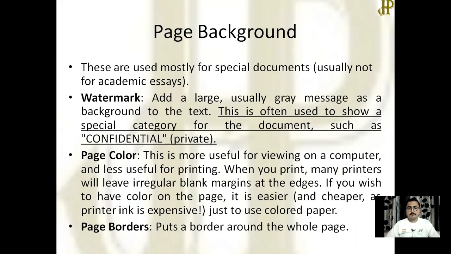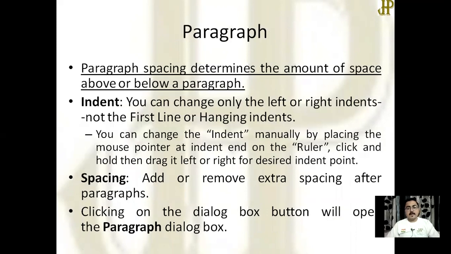Next one is paragraph. Paragraph spacing determines the amount of space above or below a paragraph. There are two things, indentation and spacing. So, what do you mean by indentation?